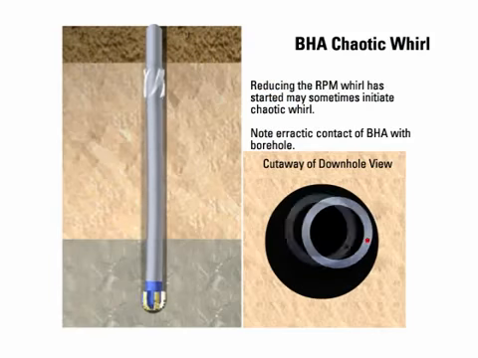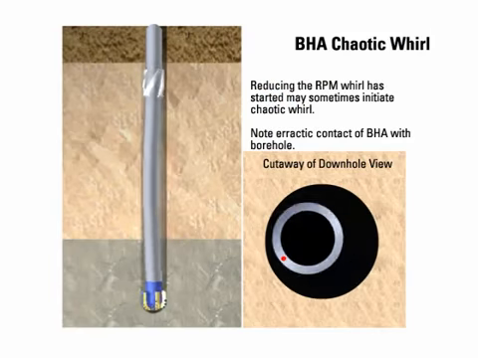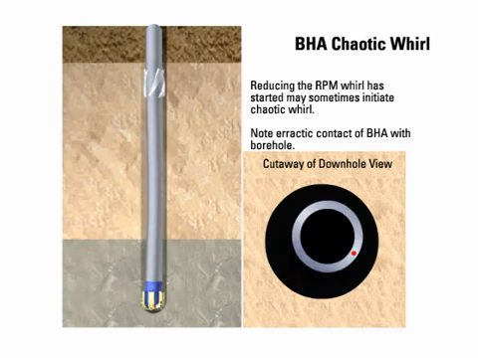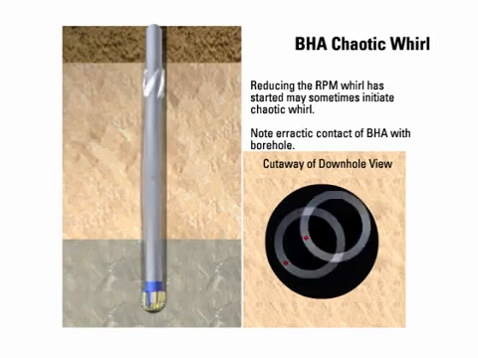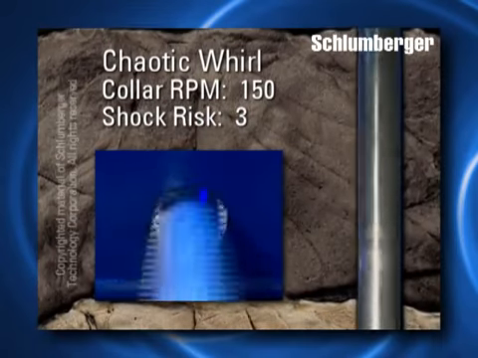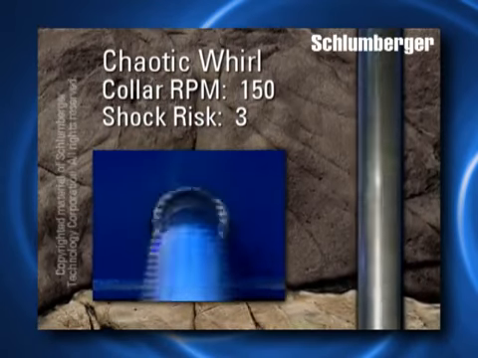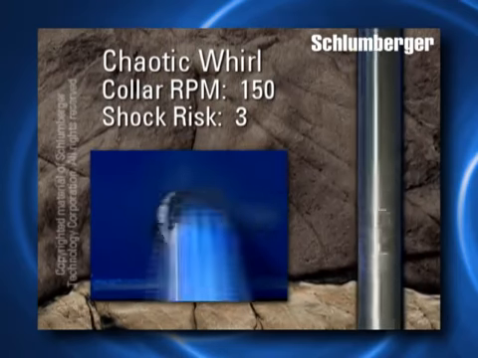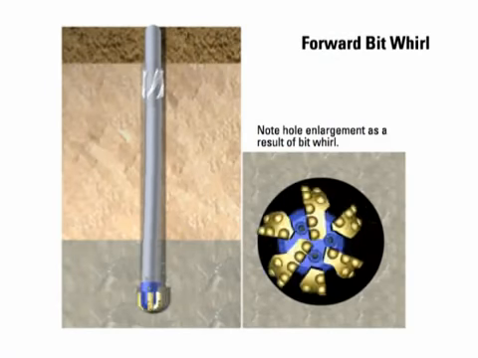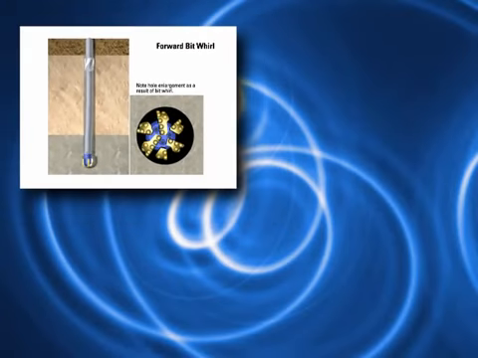In chaotic whirl, there is no preferential side of the collars or BHA contacting the formation. The torque will be above average along with the lateral vibrations and shocks. Chaotic whirl can occur when changing rotary RPM to try and address forward or backward whirl. Bit whirl is associated with PDC bits because of their aggressive side-cutting action in harder rocks and near vertical holes.